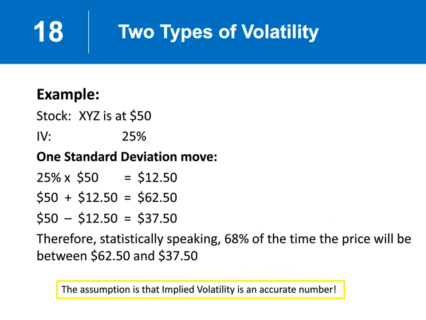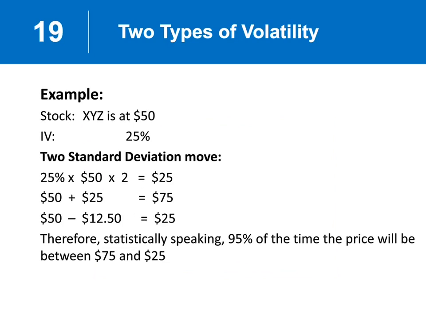Now, $62.50 and $37.50 generate one standard deviation move. Statistically speaking, 68% of the time, the price is going to remain within one standard deviation between $62.50 and $37.50. But there's a big assumption. The assumption is that implied volatility is an accurate number.